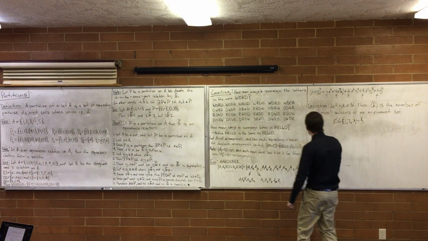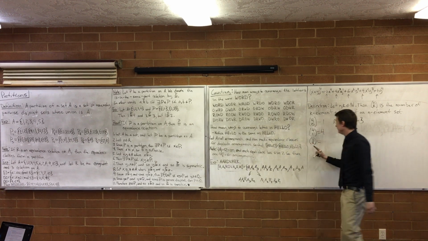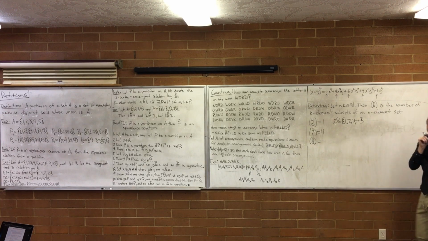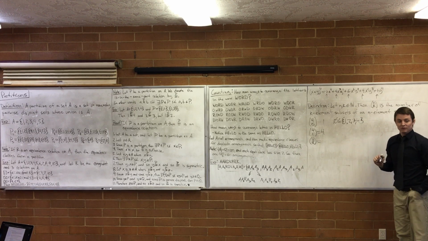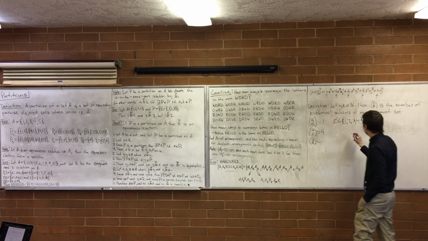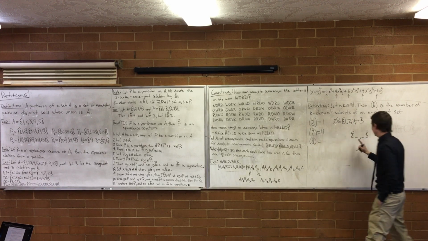Alright, now let's push the brain a little bit more. What's 4 choose 2? How many 2 element subsets can you make from a 4 element set? I want to say 4 factorial. No, that's how many different ways you could arrange all of those. I'm creating a 2 element subset.